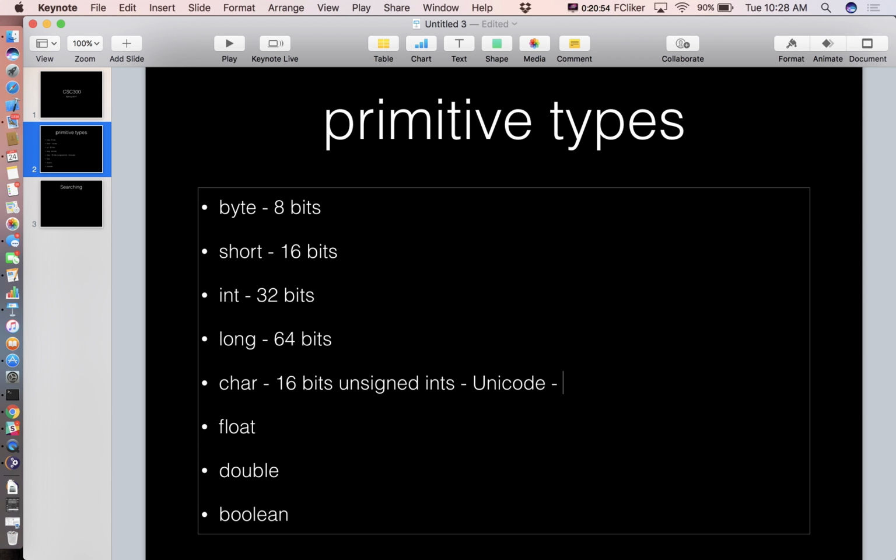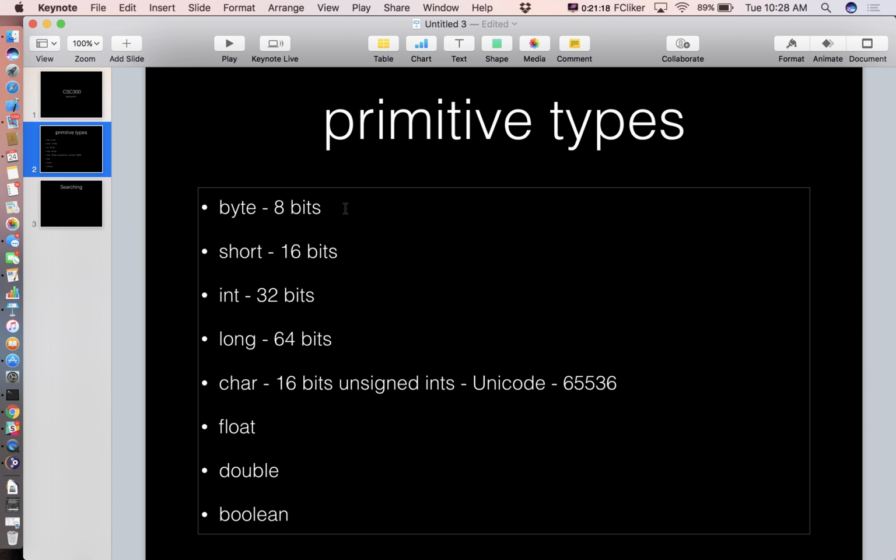How many total characters are in Unicode? 65,536, so index 0 to 65,535, which is 2 to the 16th power minus 1, because we use the 0.